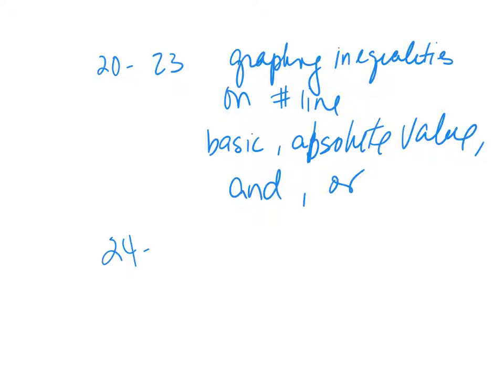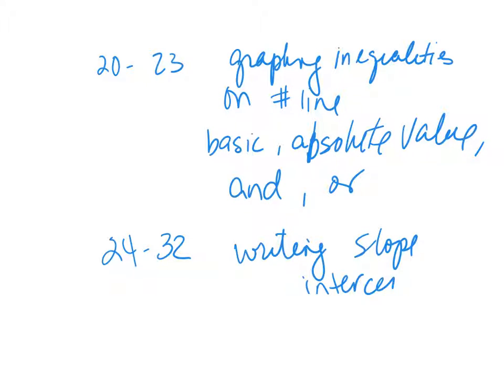There's a lot of those. 24 through 32, you're writing slope-intercept form given different things, like just like in the review packet. Slope and a y-intercept, those are easy. Slope and a point, perpendicular, parallel, all of those, okay?